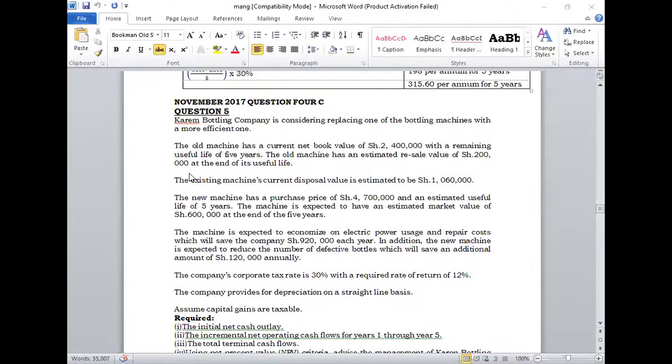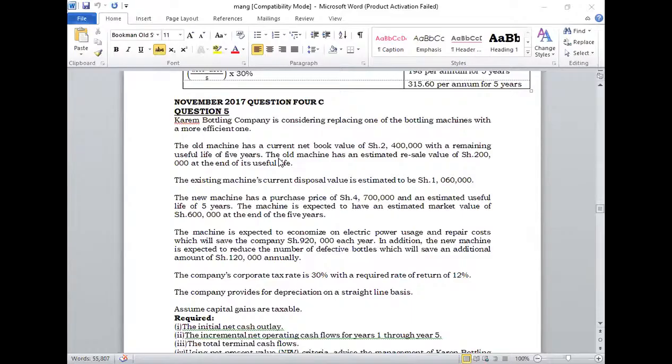So on page 102, we are told Karim Bottling Company is considering replacing one of the bottling machines with a more efficient one. The old machine has a current net book value of 2.4 million with a remaining useful life of 5 years. The old machine has an estimated resale value of 200,000 at the end of its useful life.